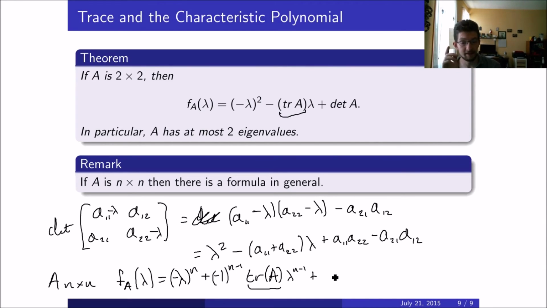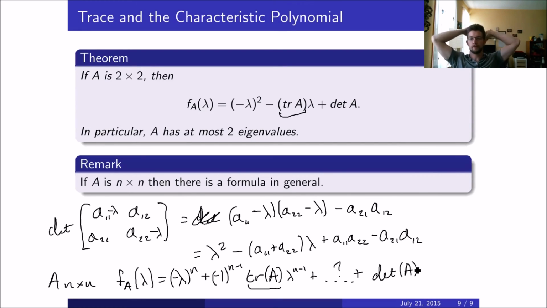And then the hard stuff, the stuff that I can't easily compute, always ends in the determinant of A. It always ends in the determinant of A, and the second term is always the trace of A. So once we have that, we can check our polynomial. We can use this as an error checking device for a 3 by 3 and higher order matrix.